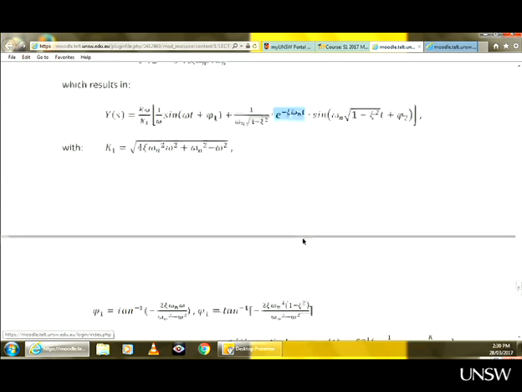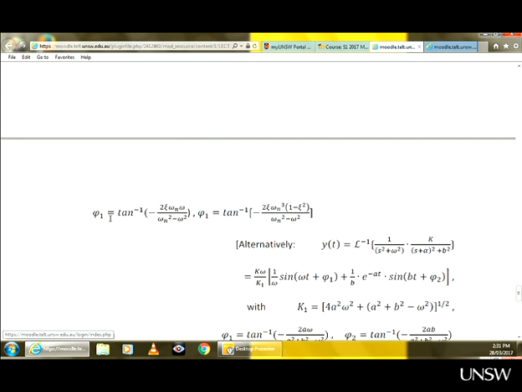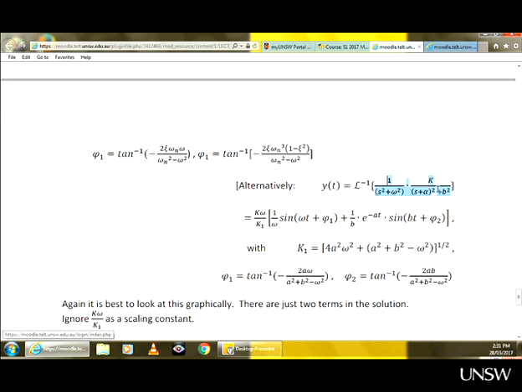Okay, apart from K1, we also have phi 1 and phi 2, so you have different phase angles, but again, that's not something that bothers us very much. And here's the definition of what phi 1 and what phi 2 is. There is an alternative way, but I don't think it's terribly shorter, than instead of having that polynomial indicating an underdamped system, you can actually have a complete square term, but you still need partial fractions, and you are still going to get something very similar to what we got before.